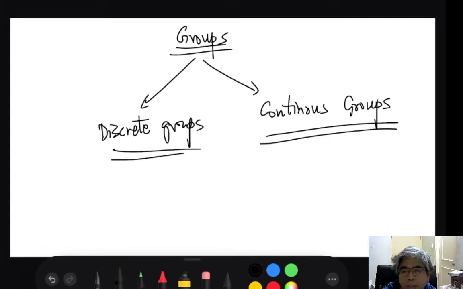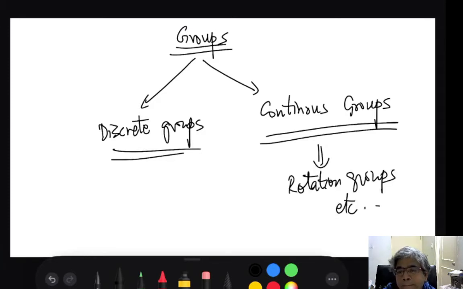So the continuous groups, examples like which appear in physics, like rotation groups, unitary groups, orthogonal groups. These are the ones which become important for us. Actually, this is what we're going to focus on today.